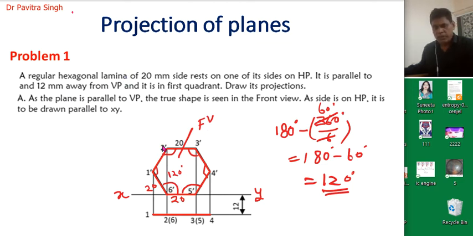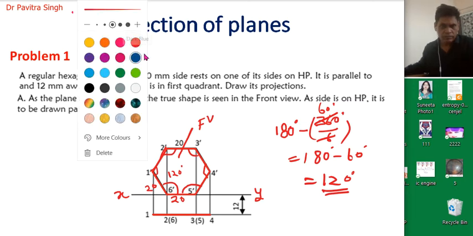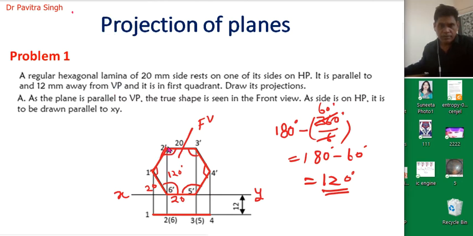If we look at this lamina from the top direction, this line and this line and this line will be visible from the top direction. Okay, and this will be projected 12 mm away from the vertical plane, meaning below the xy line.